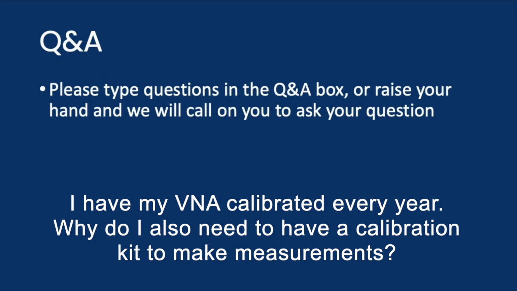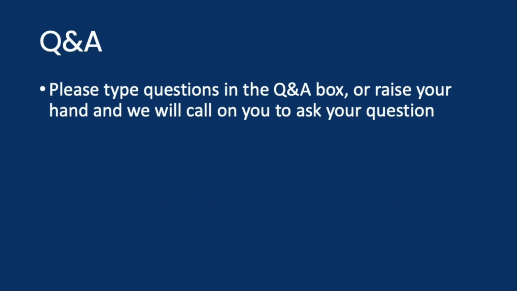So in something like a characterization environment, you probably want to do daily system error corrections. But something like a high volume environment, again, you don't really have any cable movement and the temperature is controlled. You can probably go a week between the system error corrections.